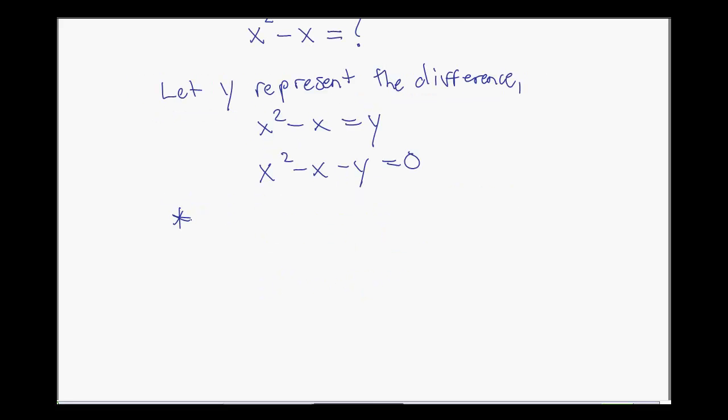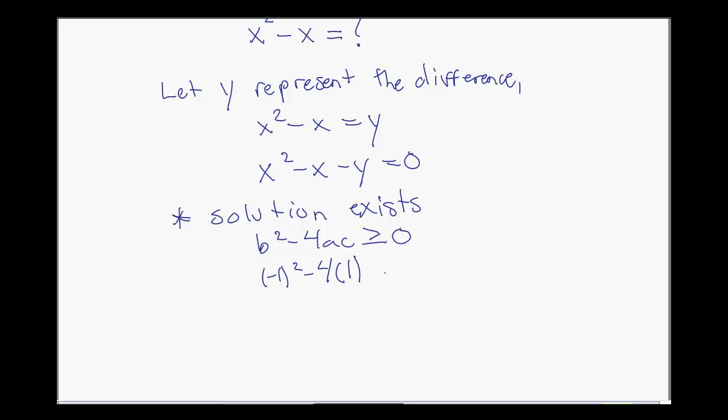So we want to know if a solution exists. We want either one real root or two real roots. So in this case, we want our discriminant, b squared minus 4ac, to be greater than or equal to 0, including both possible situations. Let's go ahead and plug in for a, b, and c. We get negative 1 squared minus 4 times 1 times negative y is greater than or equal to 0.